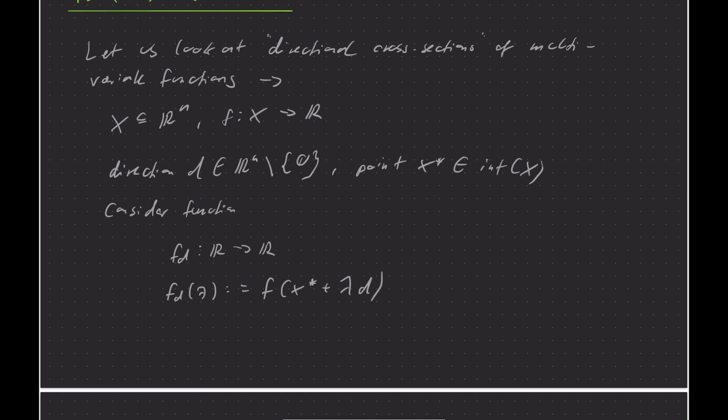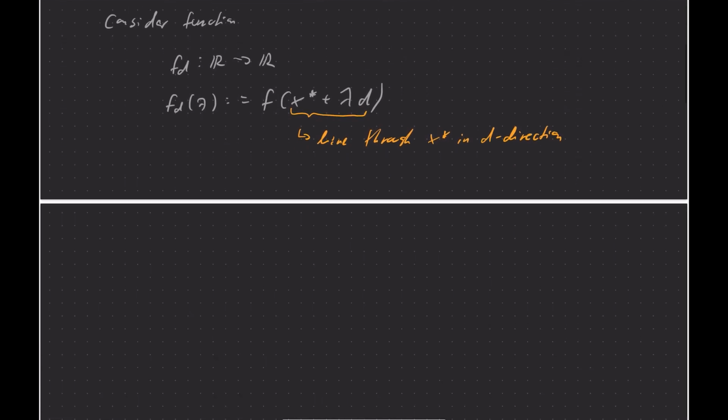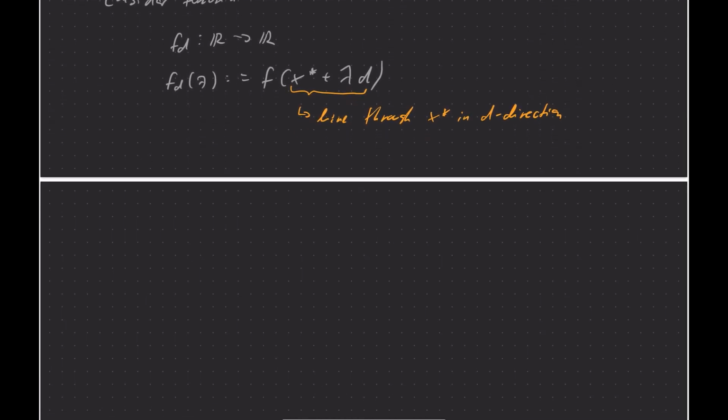So this part here, x star plus lambda d, that means we're moving along a line through x star in the direction d. And we just consider the function f along this line, and that's precisely what the function f_d does. It restricts f to this very line.